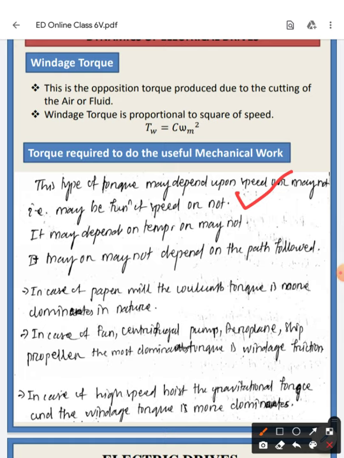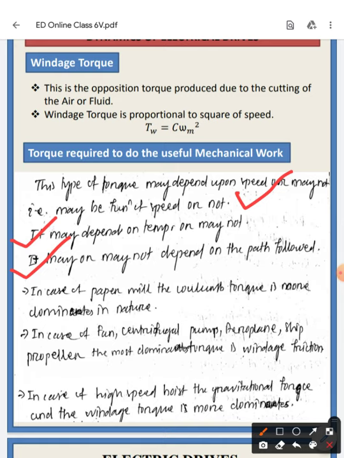It may depend upon the temperature, or it may not depend upon the temperature. This is the second point. Then the third point, it may or may not depend upon the path followed by the system.